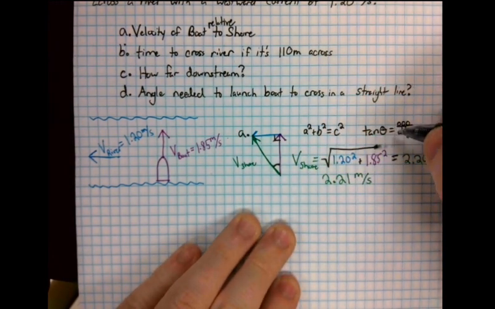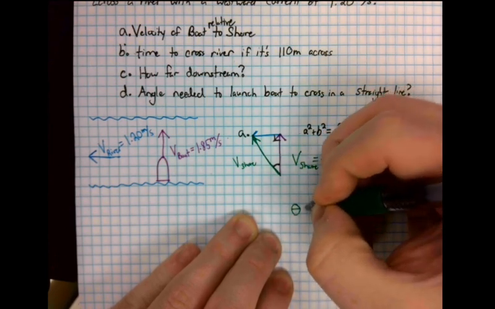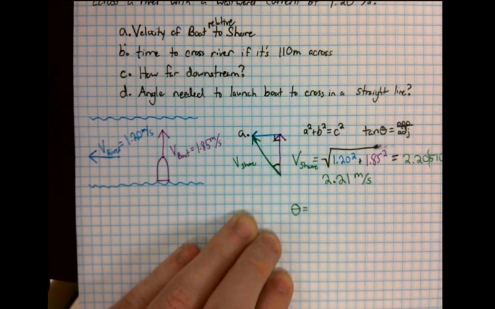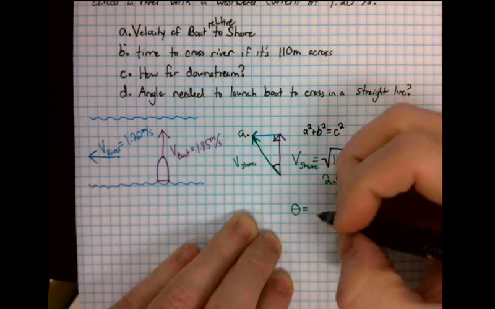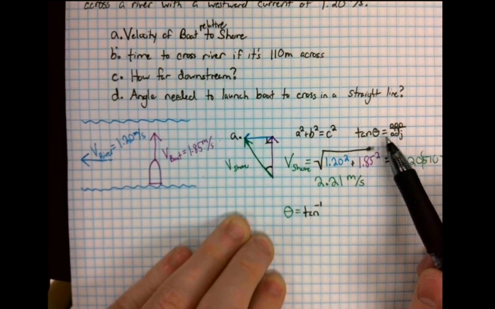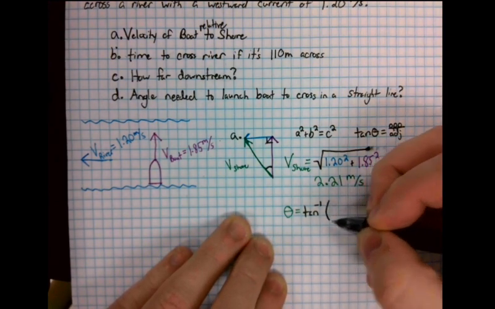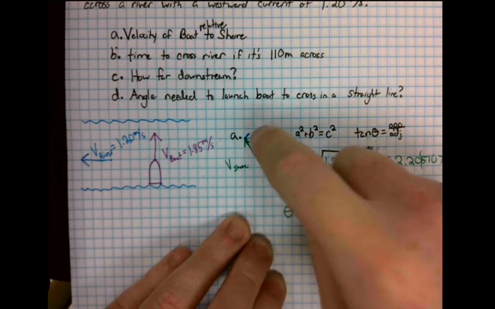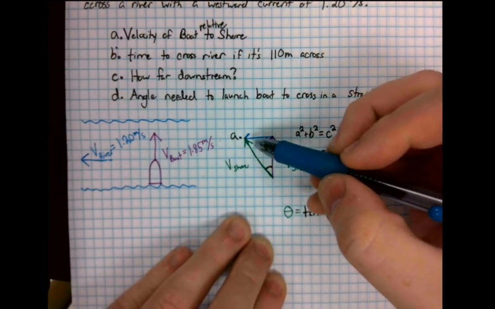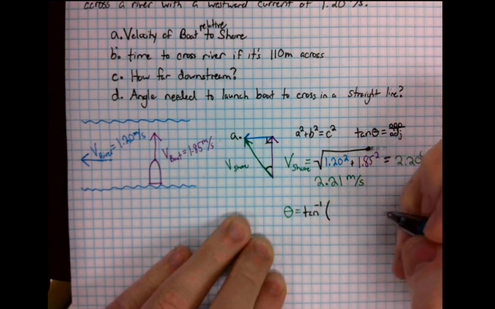So to find our theta, we're going to rearrange this one. So our theta is equal to the inverse tangent. Again, all we've done here is we've divided by tangent to move to the other side, so it's an inverse tangent, of our opposite side of the angle we're going to use to describe it. You could use this angle instead, but this is the most logical angle to use, at least I think so.